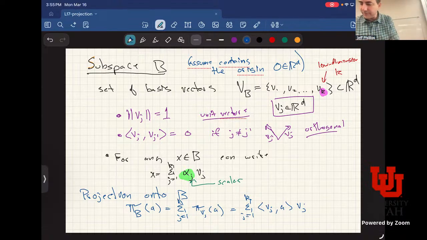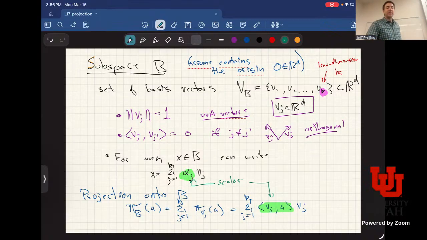And if you remember, this dot product is also going to be a scalar. What does that mean? It means that if A was X, and it was in the basis, then I'll be able to recover it exactly in this way. So this is just another way of recovering X if it's in the basis. There's a way to write it with these scalars.